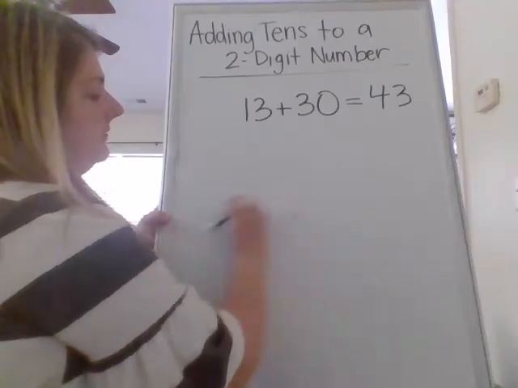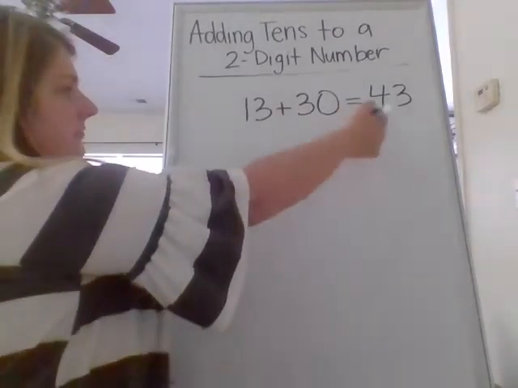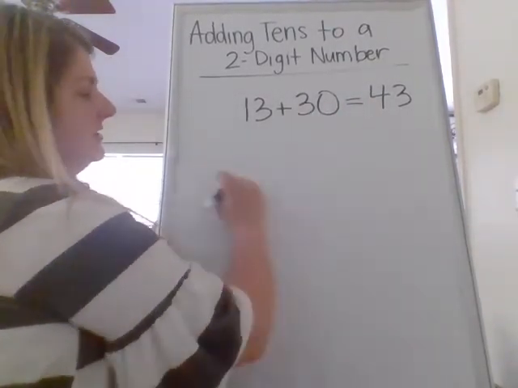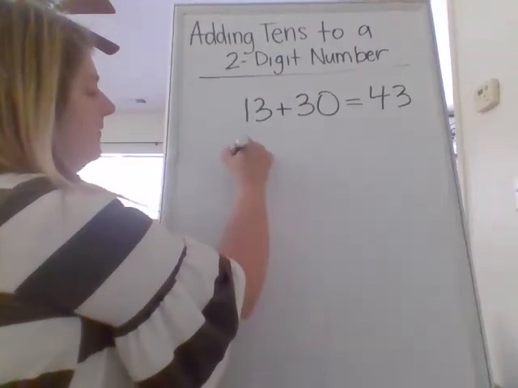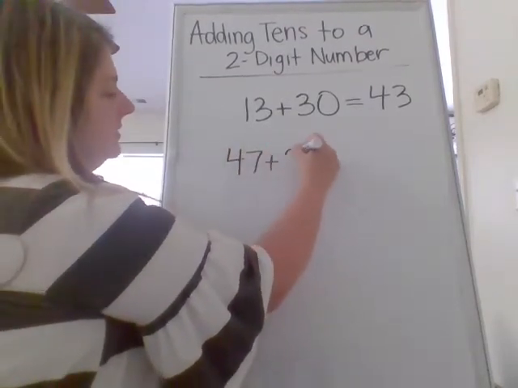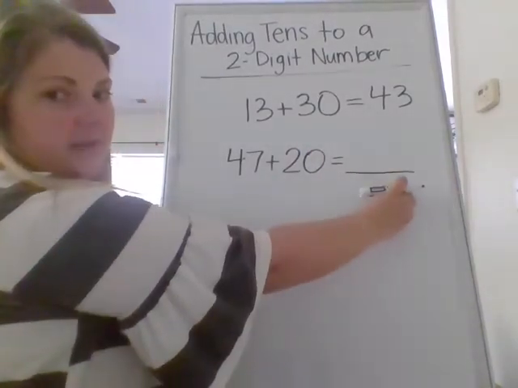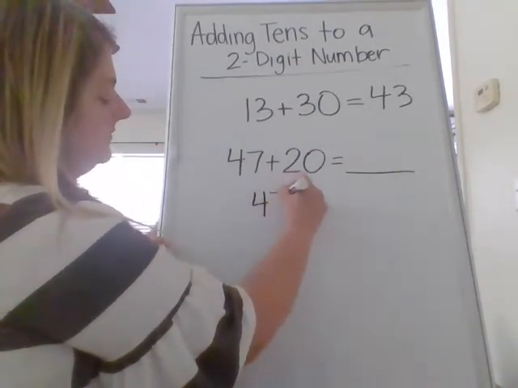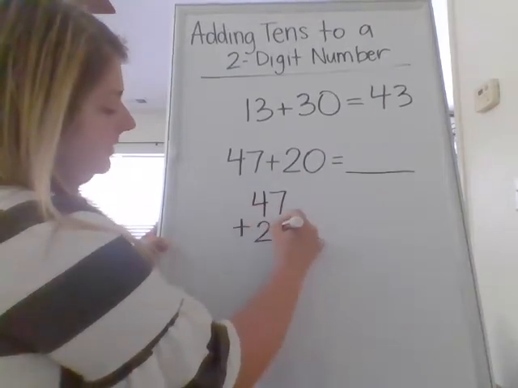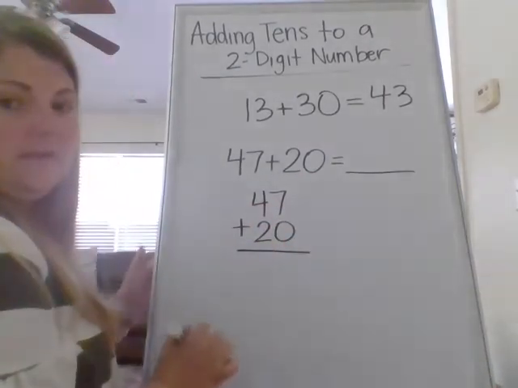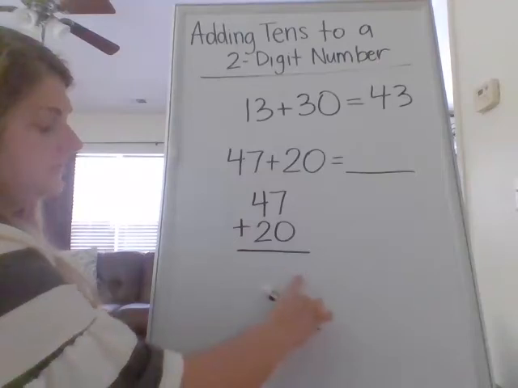Now, one thing, and then you will be ready to go. On your worksheet, some of your problems are written like this, like they're in a sentence, okay? So you might have 47 plus 20, and you'd write your answer that way. Another way to write this is 47 plus 20, and it's like that. And you put your answer below.